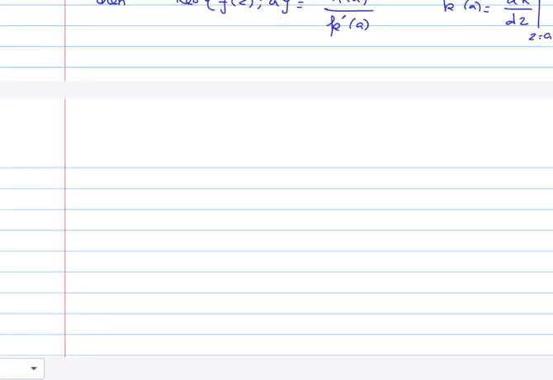Now we are going for the fourth formula. The first three formulas are for a simple pole, but the fourth formula is for a pole of order m.